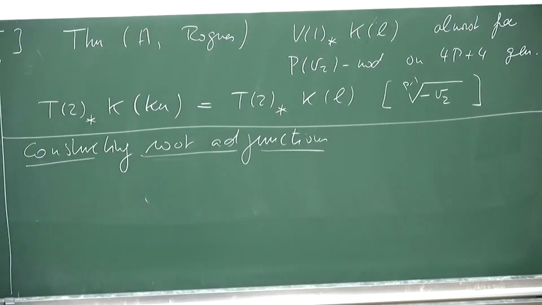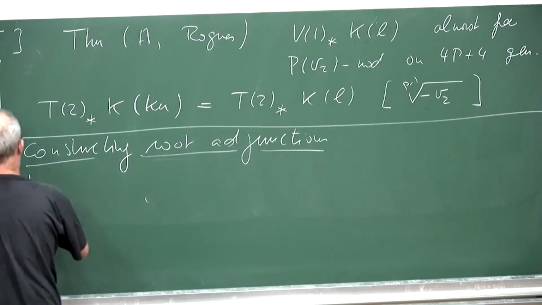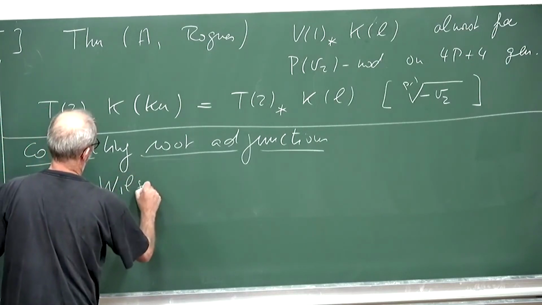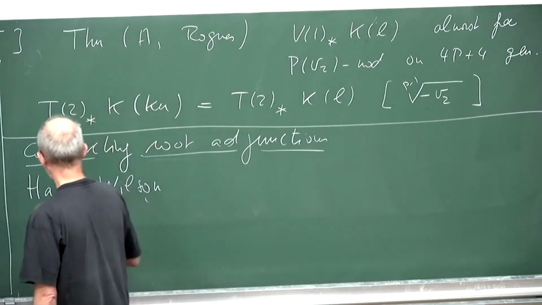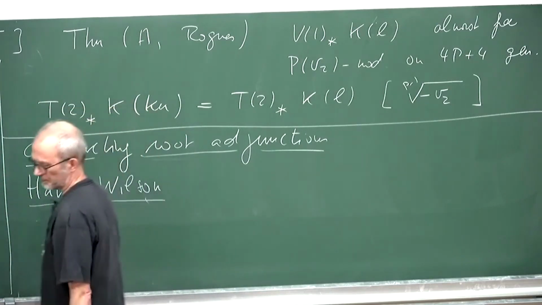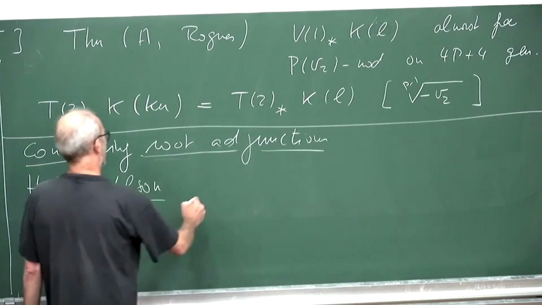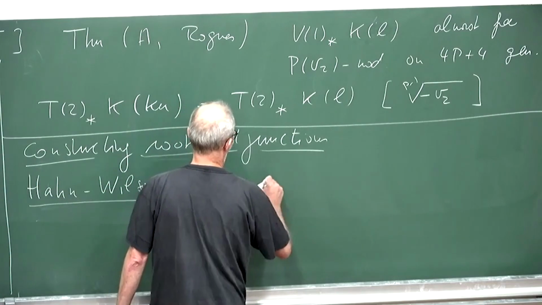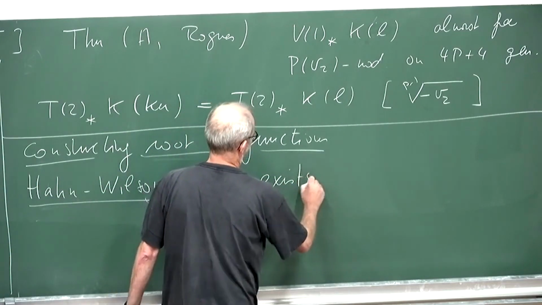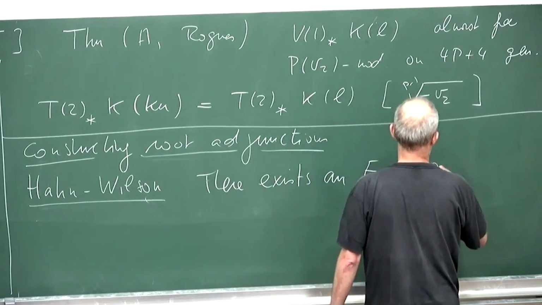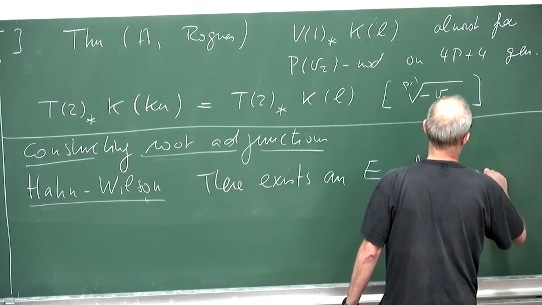We learned from the Hahn and Wilson Annals paper that you have the E2 polynomial algebra, and you want to see it as a polynomial algebra.